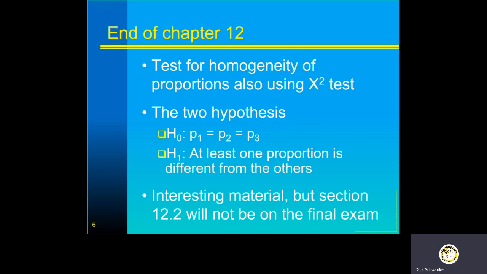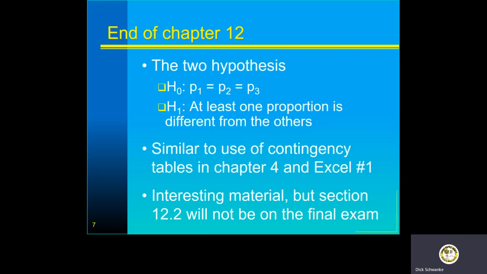We had got the flu shot, did not get the flu; got the flu shot, got the flu; did not get the flu shot, got the flu; did not get the flu shot, did not get the flu. So we had 4 proportions, and this would be a handy way to see whether anything was different from the other ones, especially compared to previous results. All pretty interesting, but something that we're not getting on the final exam.